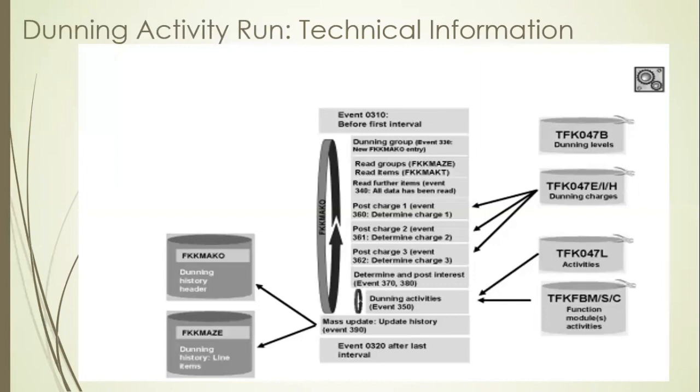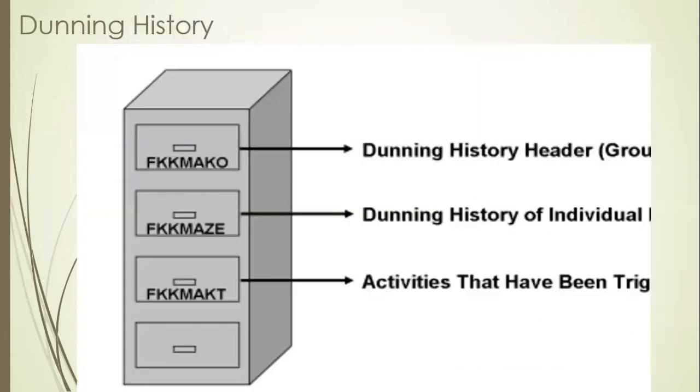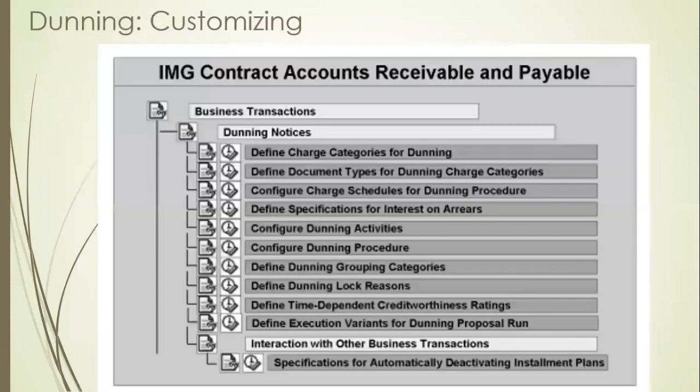So all these events, which is 310, 320 to 390, everything is linked to the dunning process. Okay, then we keep all the data in history and check it for the future.